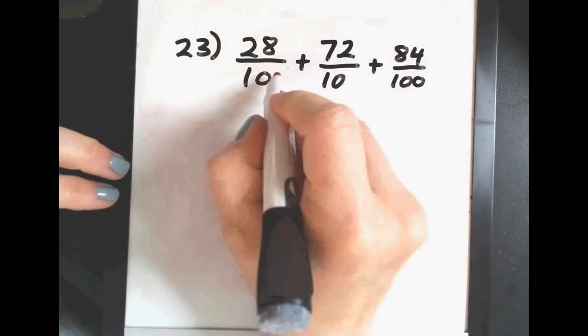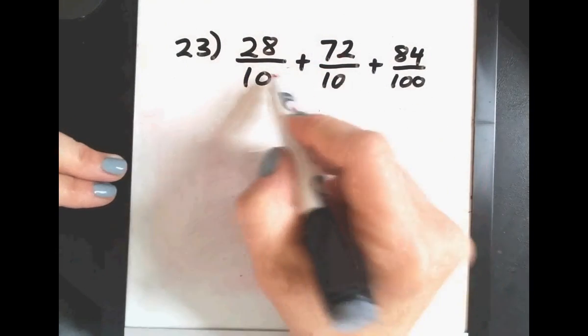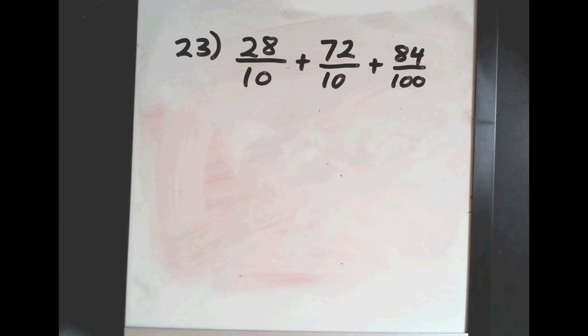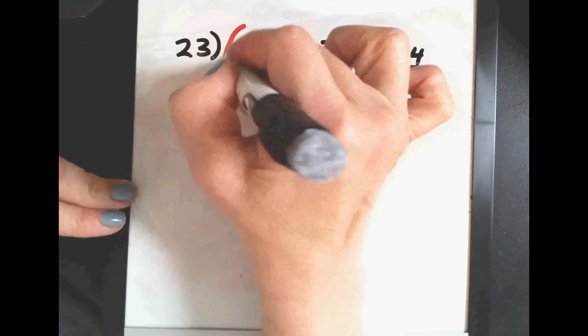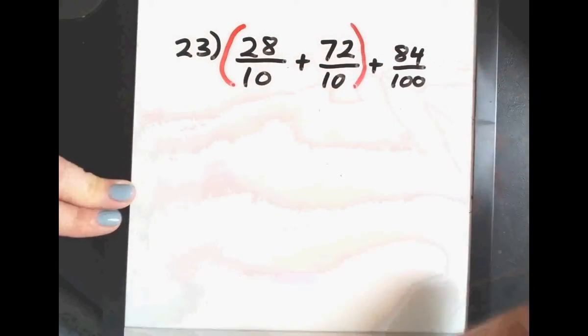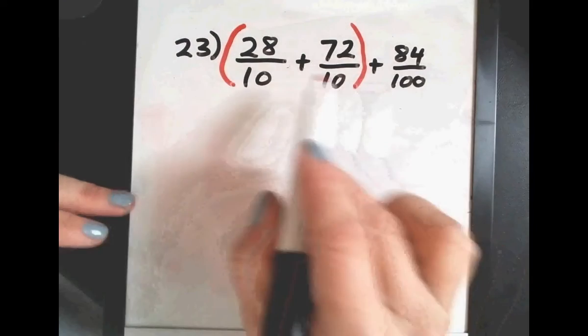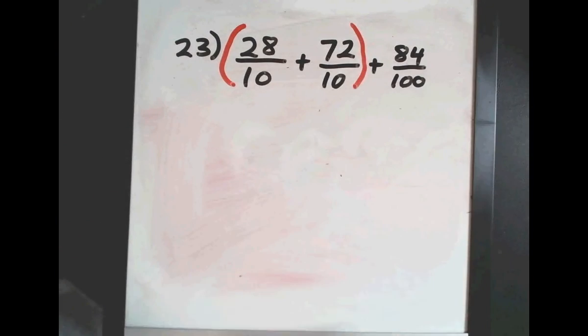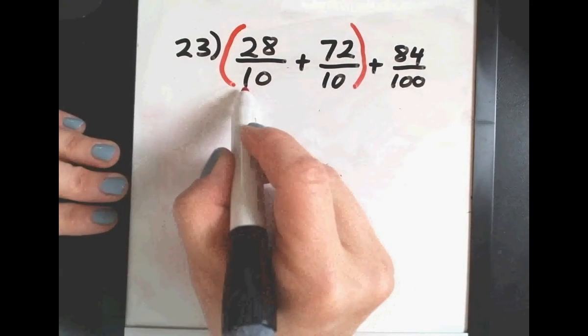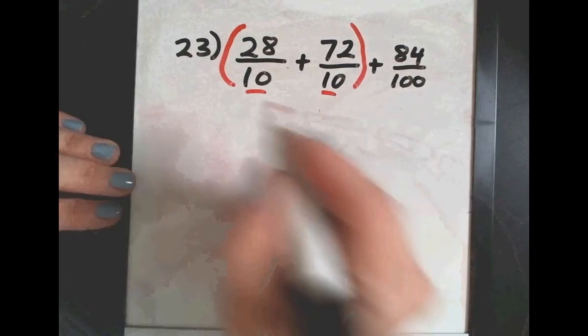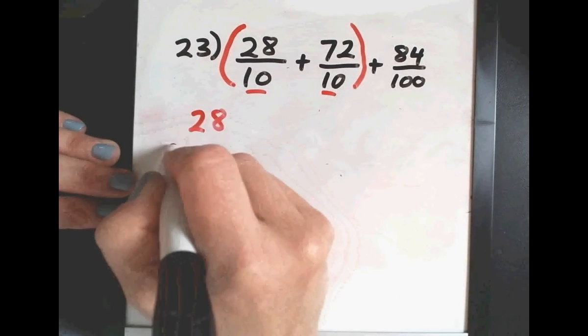Now, some of you may have added the zeros to the first two fractions, but I'm actually going to use my associative property, and I'm going to add these two together first. And remember, the associative property is just when you can, with addition, regroup the addends or the numbers you're adding together any way that you want, because these both have a denominator of 10.